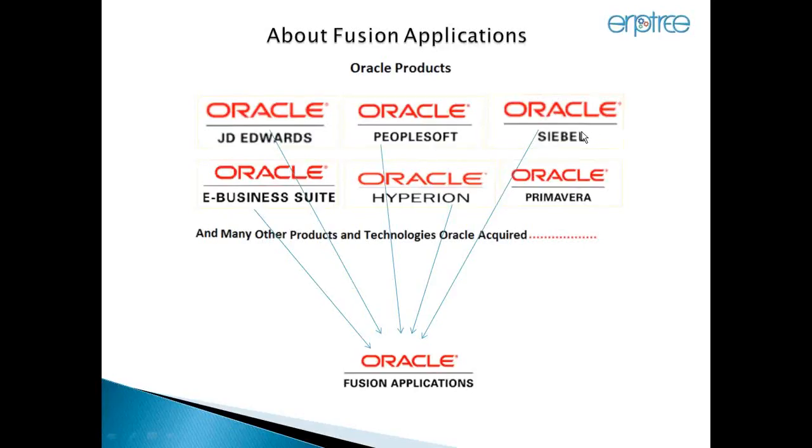From PeopleSoft they took the HCM solution. HCM stands for Human Capital Management, which is equal to our HRMS. From Oracle EBS they took our financials as is into Fusion applications. From Oracle Hyperion they took reporting capabilities into Oracle Fusion applications. With that they replaced our FSG in GL, and we will be using Hyperion reporting as a part of GL in Fusion applications. And from Primavera they took project portfolio management.